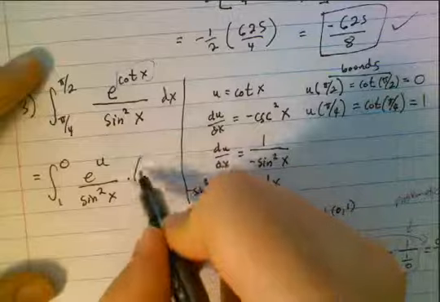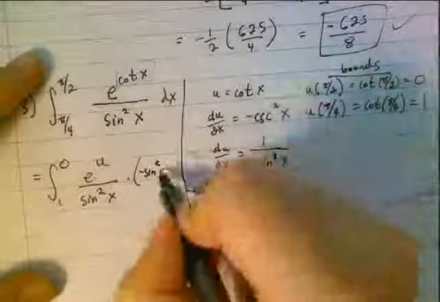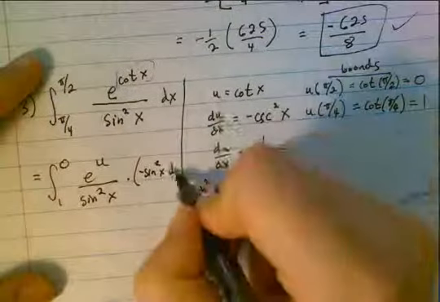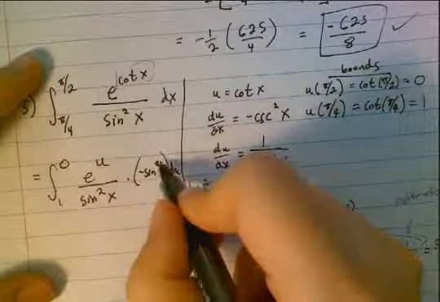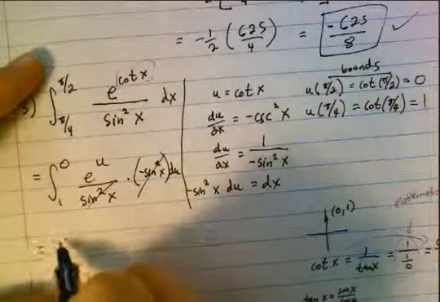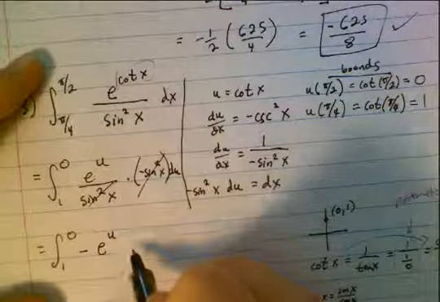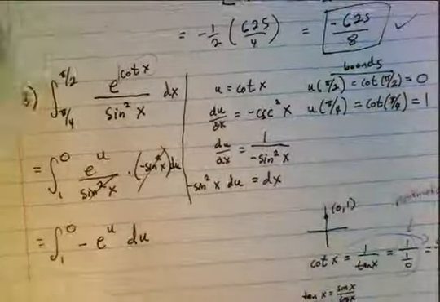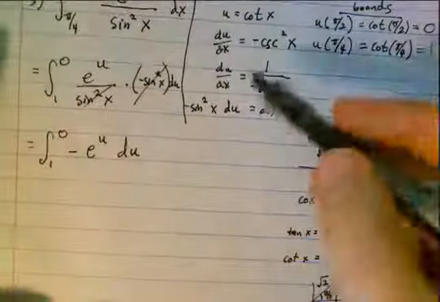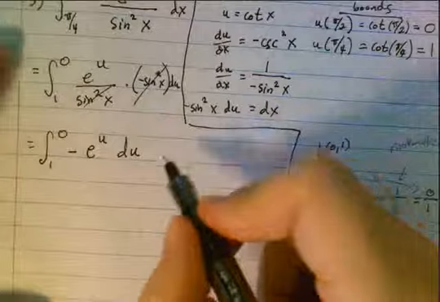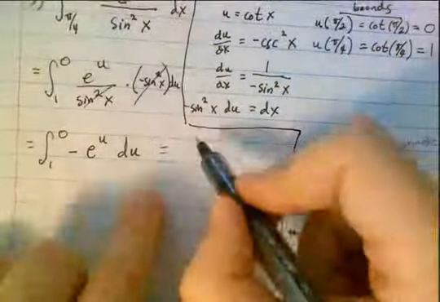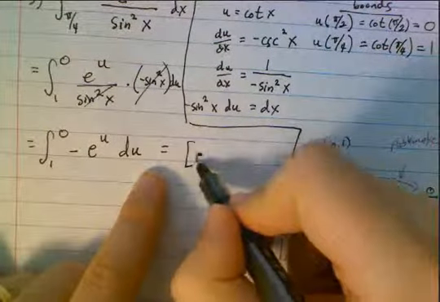And then we have negative sine squared x du. These are going to cancel out. Okay. At this point, we can take the antiderivative.